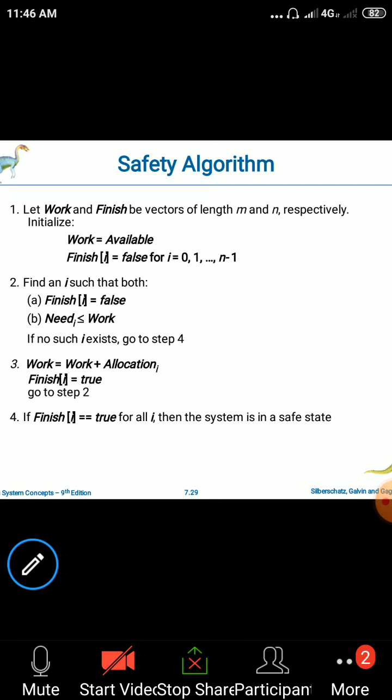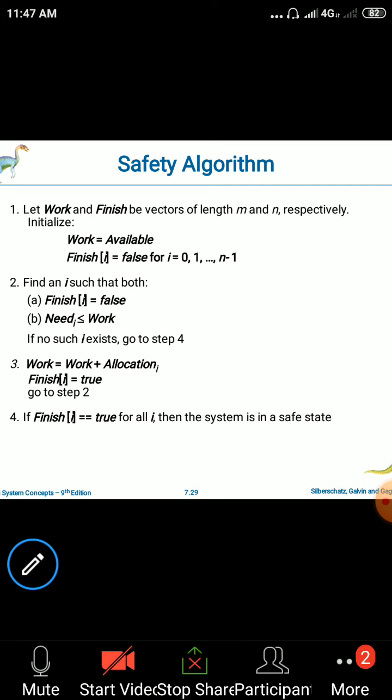Before the resources are allocated to the requesting process, the Banker's algorithm runs these 2 algorithms to find whether after allocation of the resources the system will be in a safe state or not, and whether the requested resources should be allocated to the requesting process or not. First we will see the safety algorithm, next we will move on to the resource request algorithm.